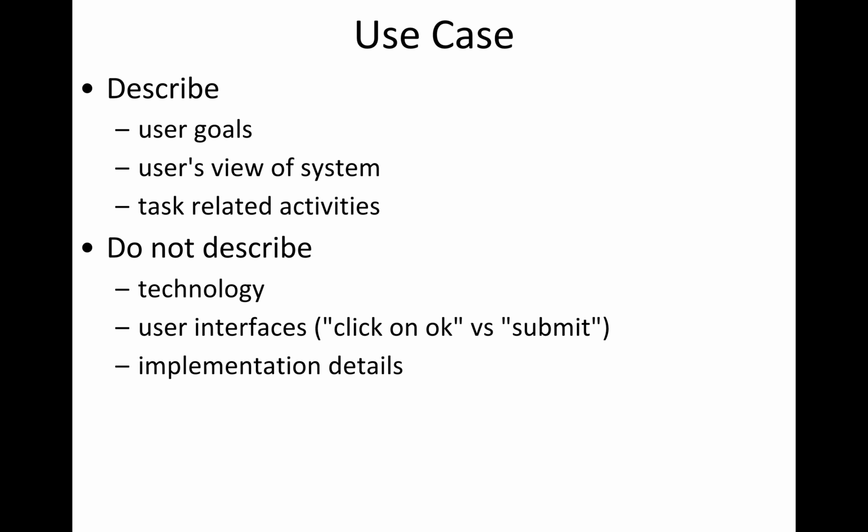That assumes that this is perhaps a web page, and maybe there's a button or a hyperlink. So that's already committing to a particular technology. Instead, you'll leave it at a very high level.